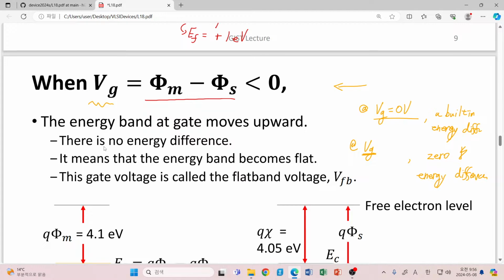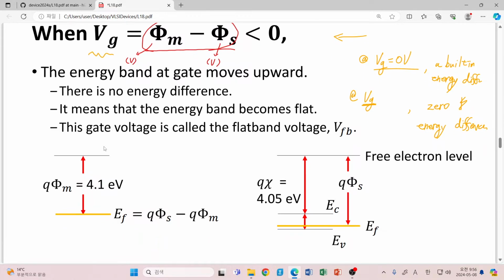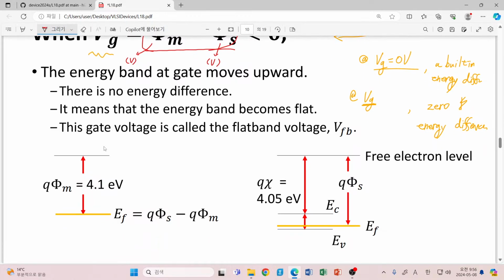However, when you apply this number, please note that this is a volt scale and this is also a volt scale. Both of them are positive volt scale numbers, and when you apply this voltage, then now the Fermi level is matched this way. So our vacuum level now becomes this way.